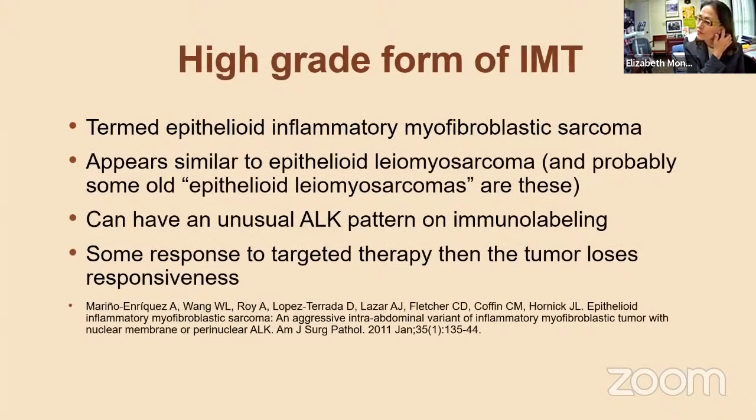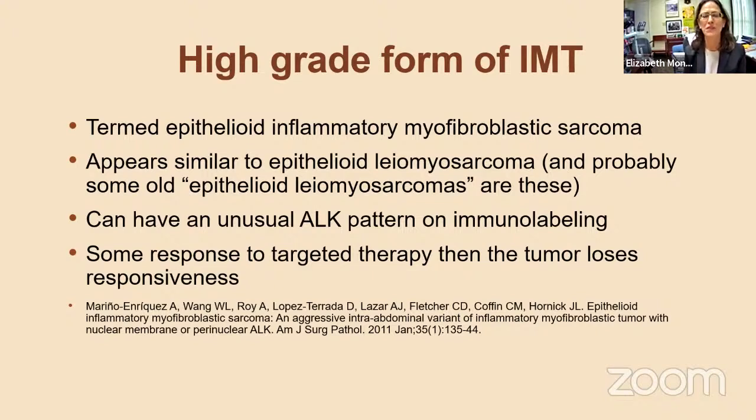All right, there's a high-grade form of IMT that was first noticed in 2013 by Jason Hornick and his colleagues. And they used a different term, but they're basically just high-grade IMTs. And he called them epithelioid inflammatory myofibroblastic sarcoma.